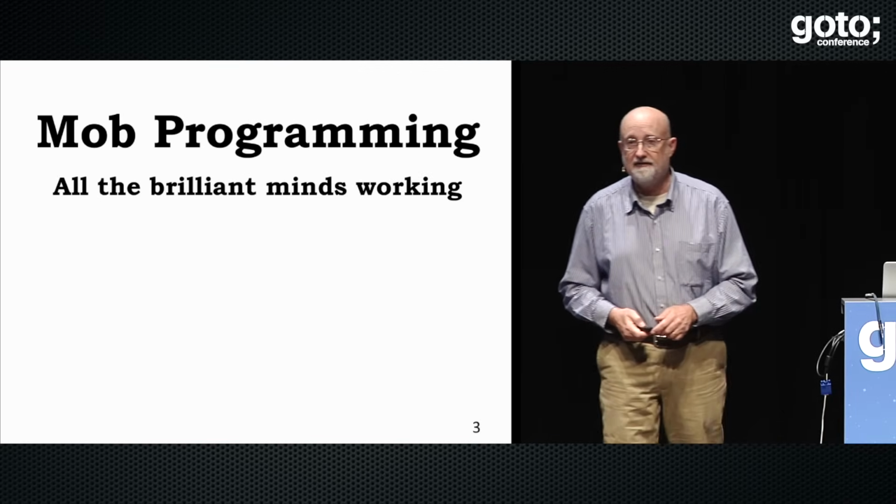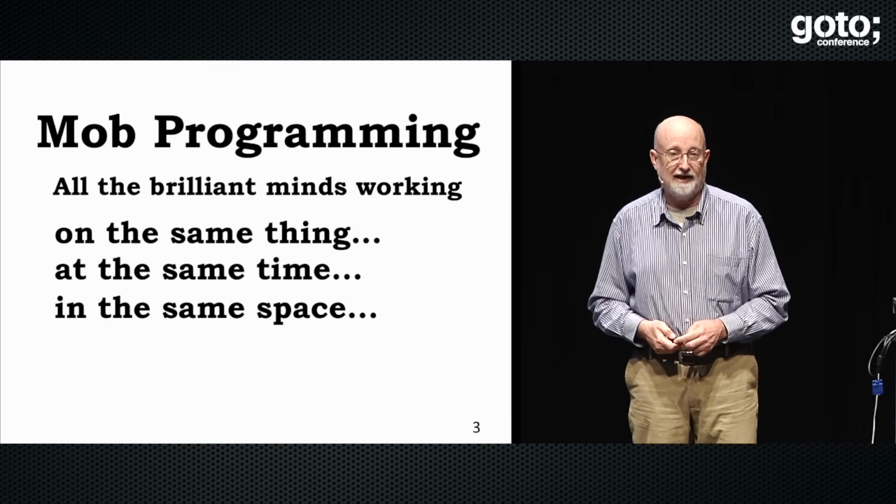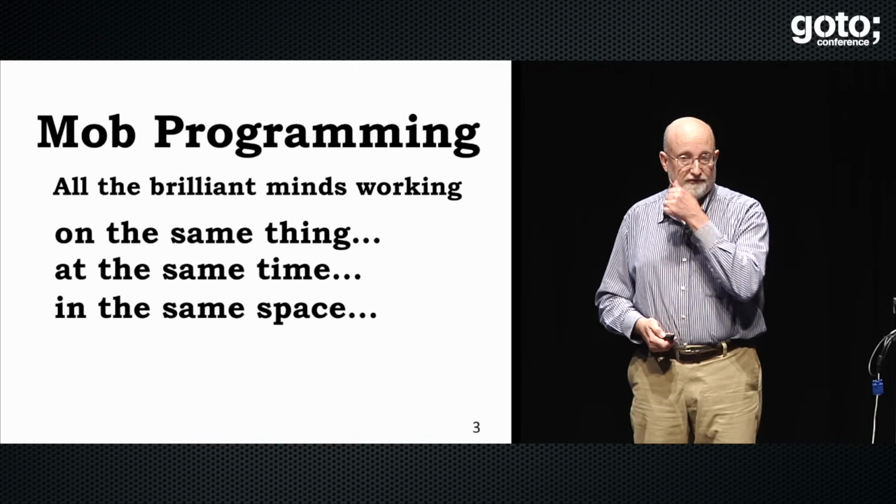So mob programming, I think of it as all the brilliant minds working on the same thing at the same time and in the same space, which to me is what Agile software development is about, and extreme programming.